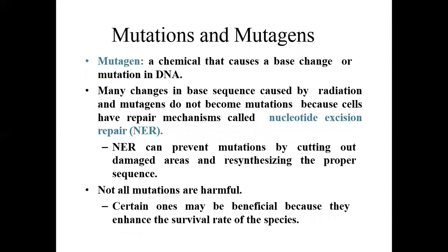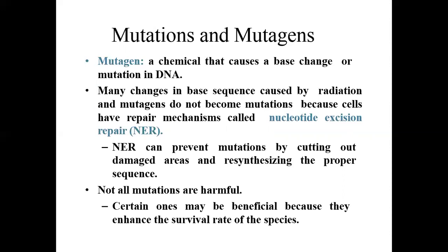The mutagens are the chemicals that cause the change in base or the amino acid. Basically, these are the chemicals used for creating mutations. There are many changes in base sequence caused by radiation, and these are all mutagens.